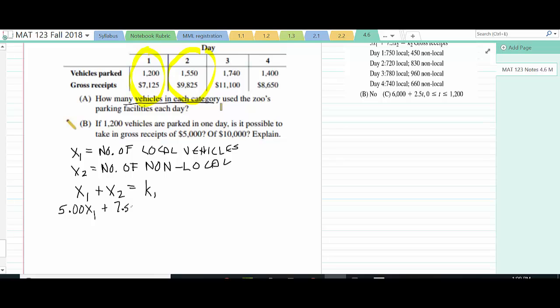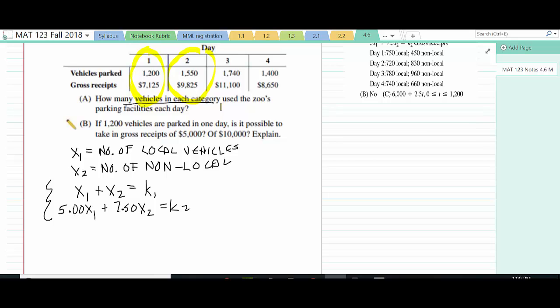Then I'll call that K2. So the two equations: this one is telling you the total number of vehicles. This is telling you how much money you're making, $5 per local vehicle, $7.50 for the other. Does that make sense to you? Because the two unknowns are those, and that's your system.